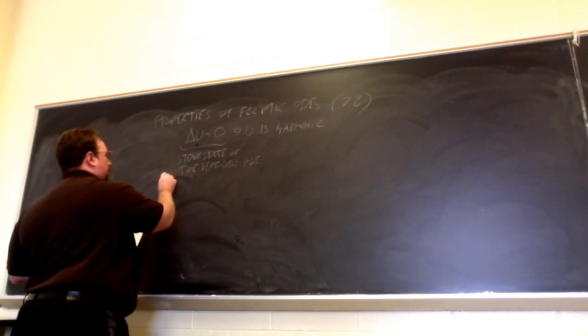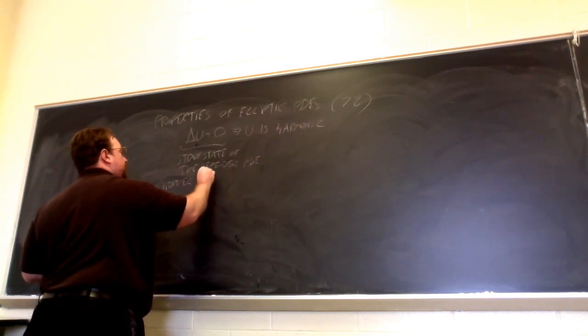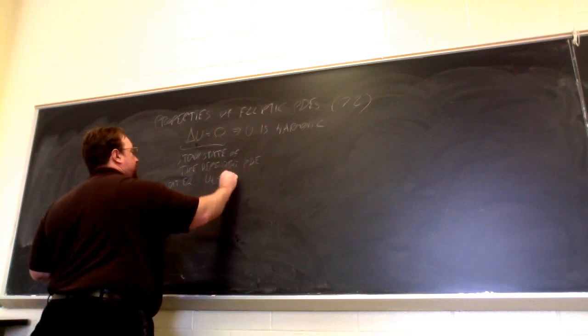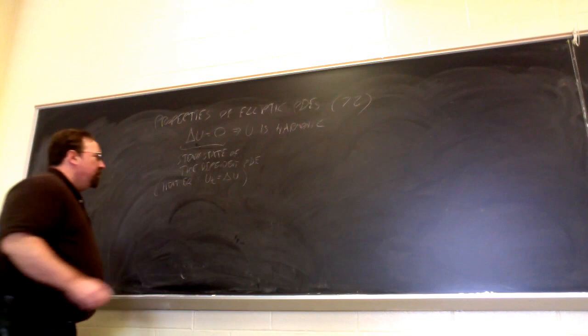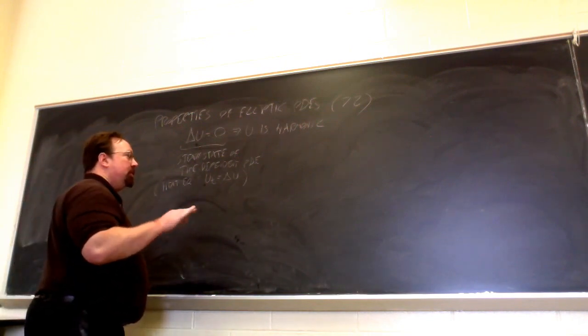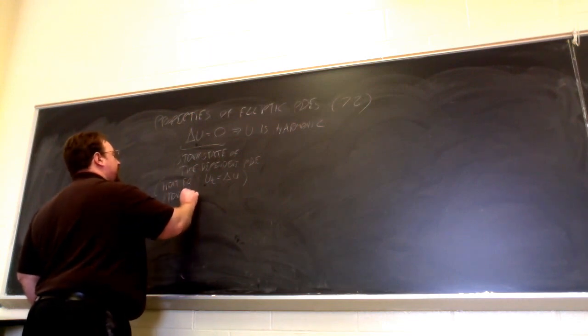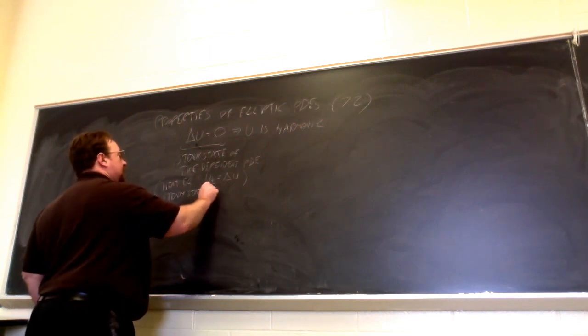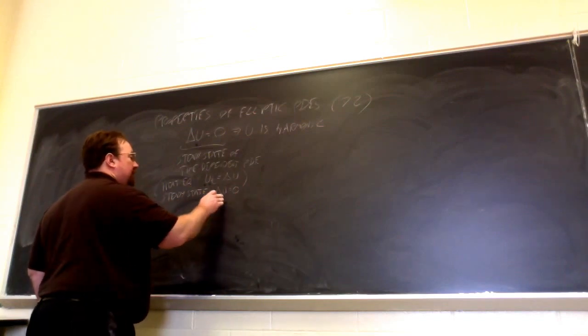In particular, the heat equation, which is du dt is equal to the Laplacian. Well, if a solution u converges to a steady state, in other words, u is no longer changing over time, that just means you set du dt equal to 0, so the heat equation becomes Laplace's equation.